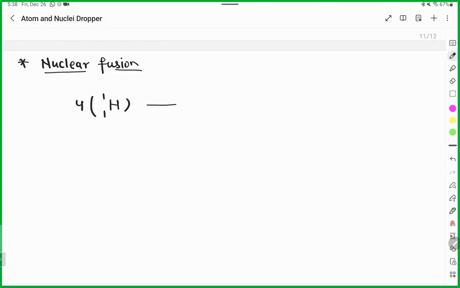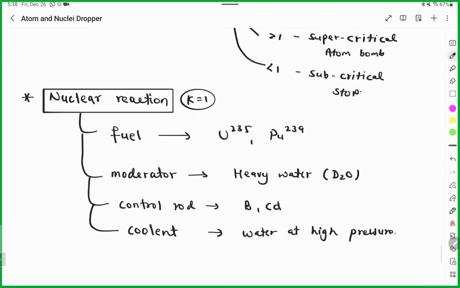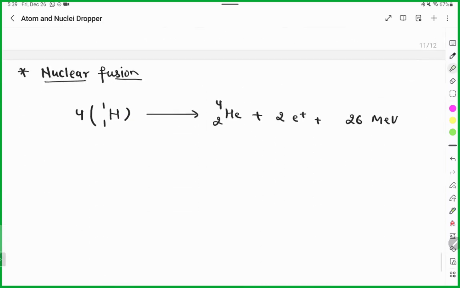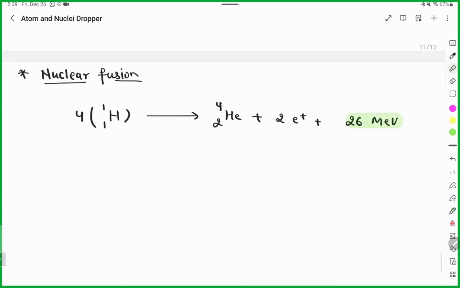When hydrogen combines, it will produce helium, a bigger nucleus, with two positrons and a lot of energy, about 26 mega electron volt. If you see in the case of uranium, around 200 mega electron volt energy is produced. Here around 26 mega electron volt energy. So of course you see that in one nuclear fission more energy is produced.